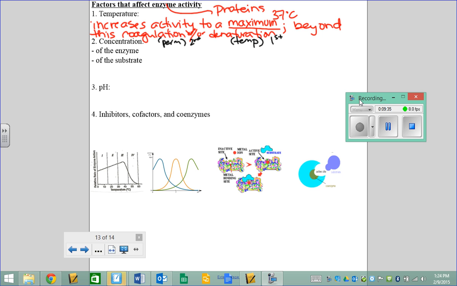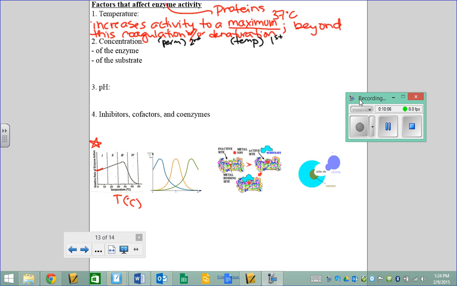So just so that you can see what this might look like on a graph, which is a really good way for me to ask you about enzyme activity, the first little sketch I have on the left is what it would look like if I tried to graph an enzyme's activity compared to temperature. If you look at this first little graph, I have temperature in degrees Celsius along the bottom, and enzyme activity along the side.